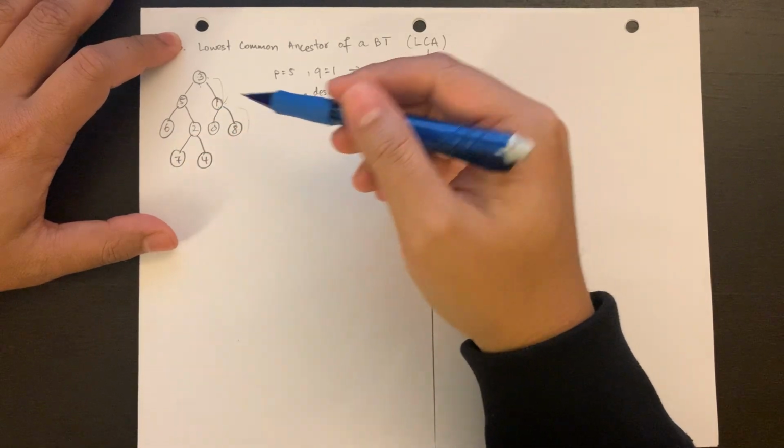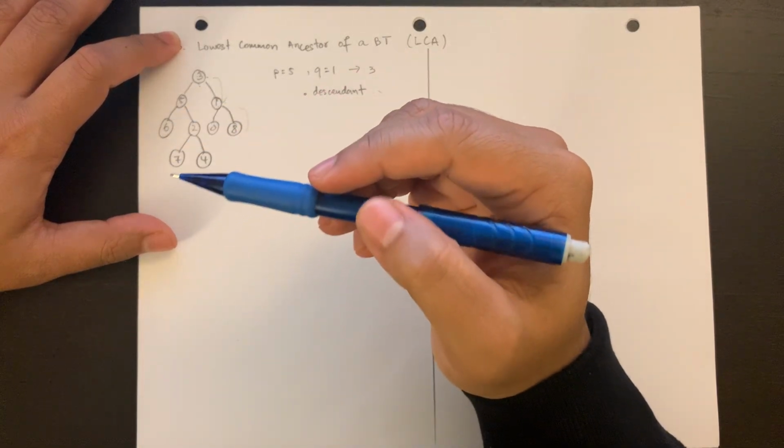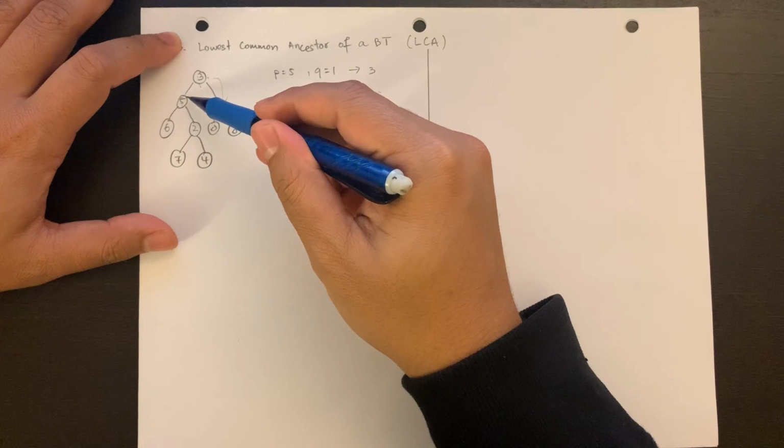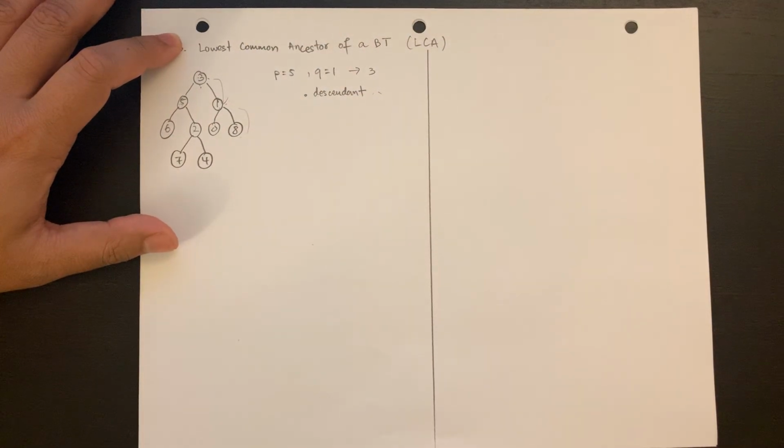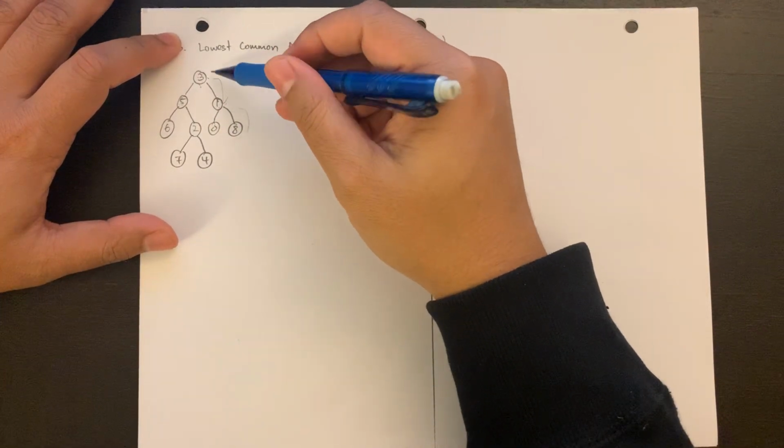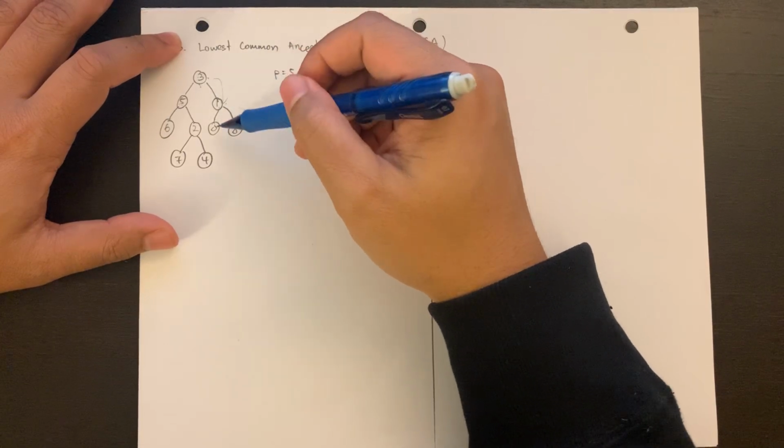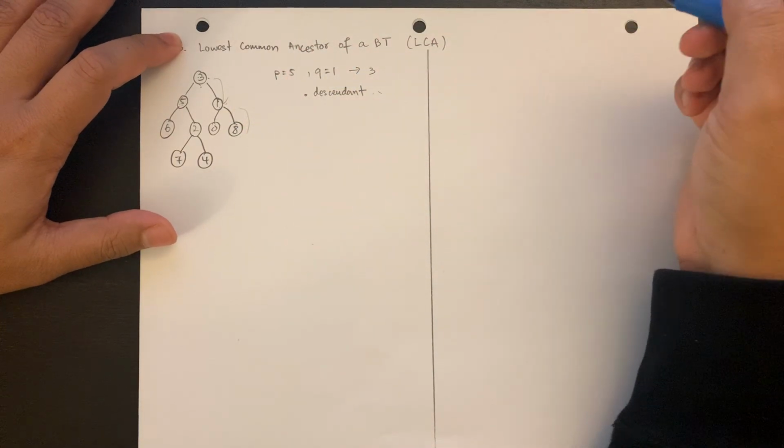But 8 is not a descendant of 5. So descendant is basically a child relationship, if you think of it that way.